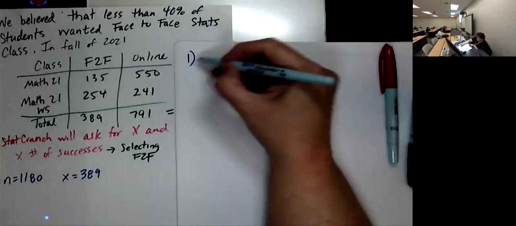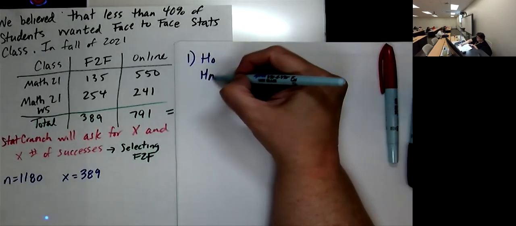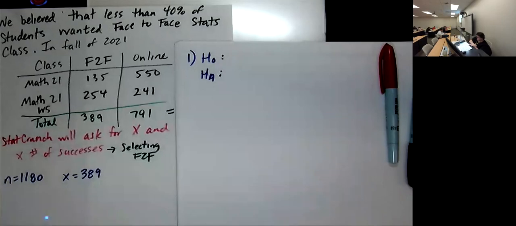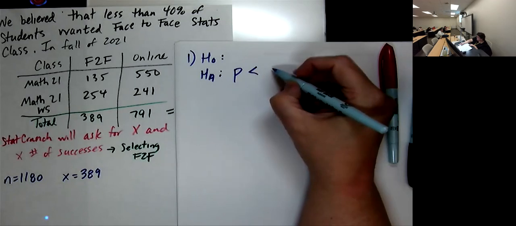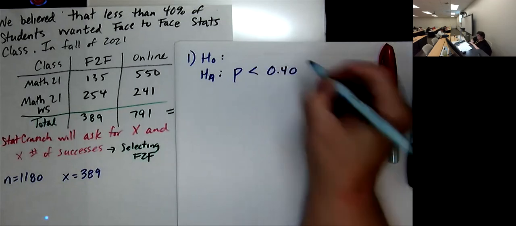Step one was we need H naught and we need HA. It says we believe that less than 40% of the students wanted face-to-face, which means we think the proportion is going to be less than 40% or 0.40.